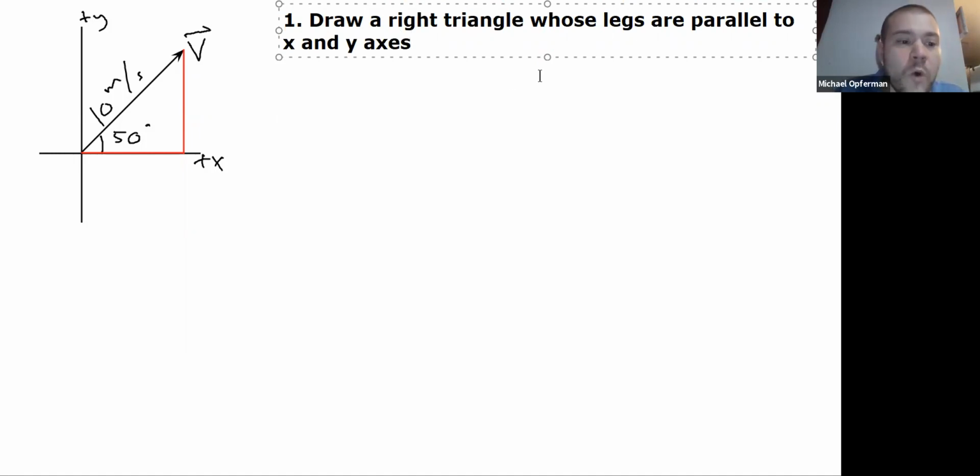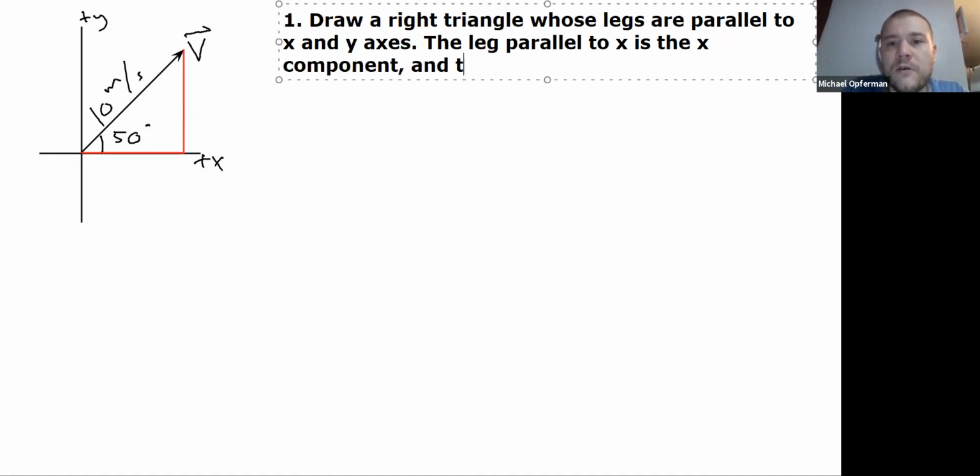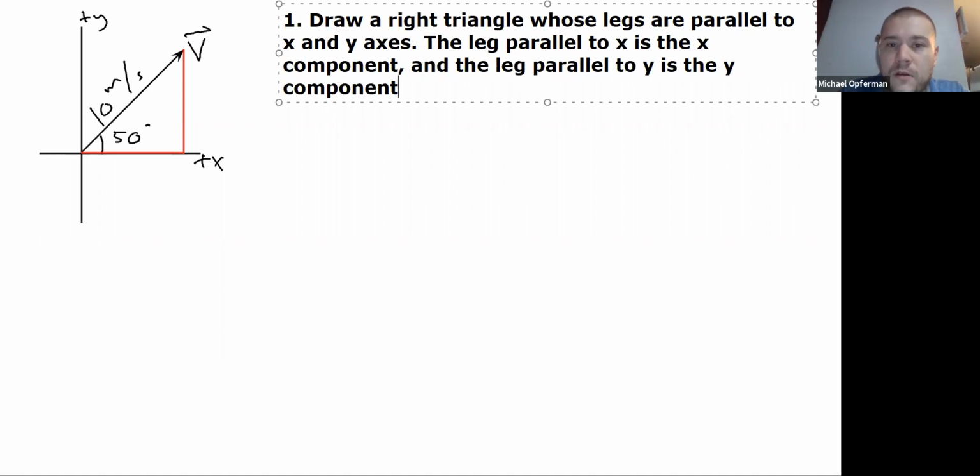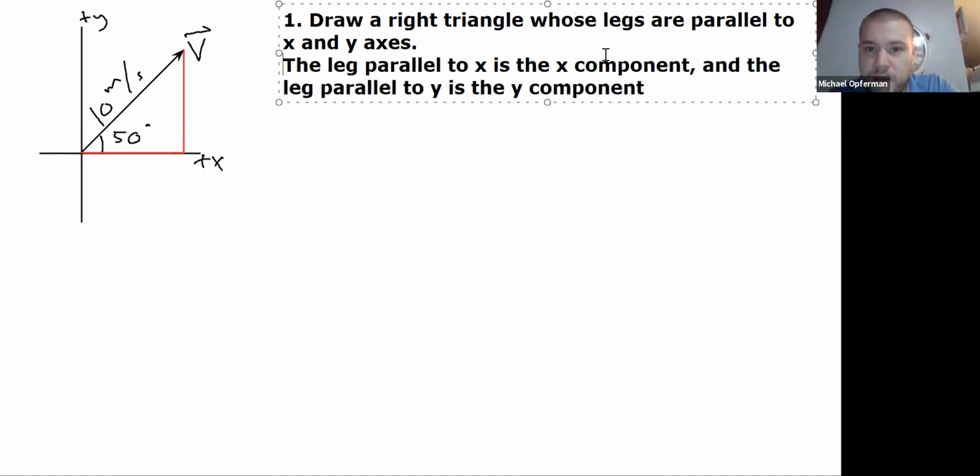Okay. Once you've done that, the leg parallel to x is the x component of the vector, and the leg parallel to y is the y component. Let me try to organize this a little bit better, actually.